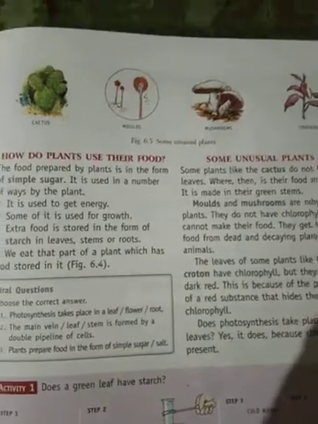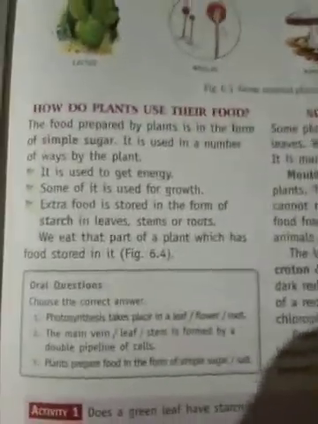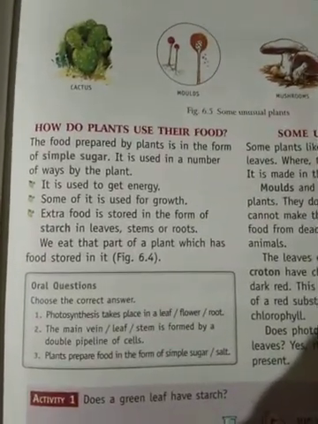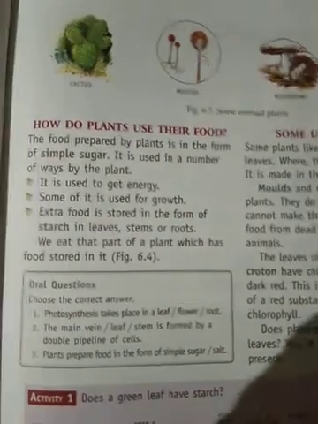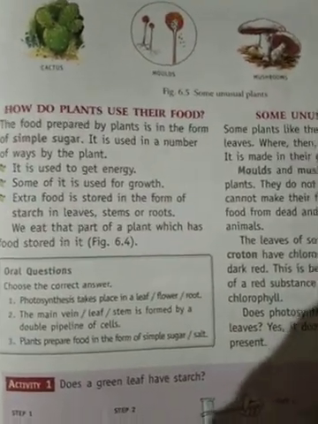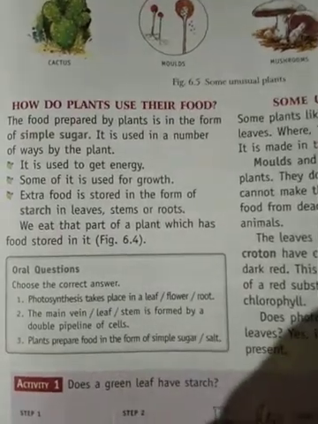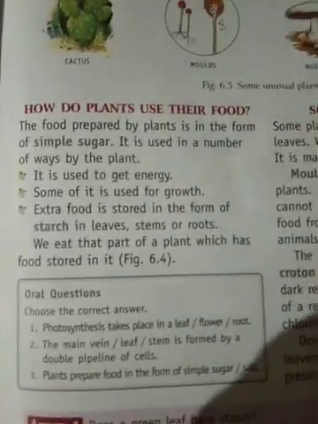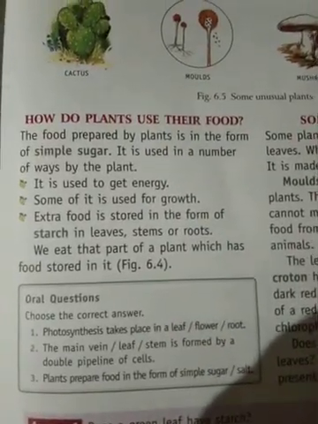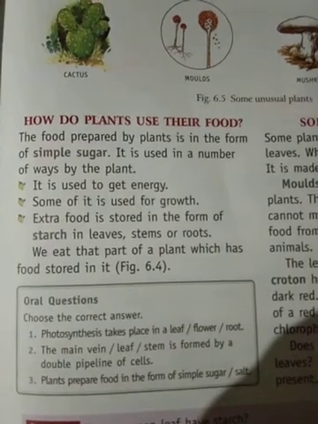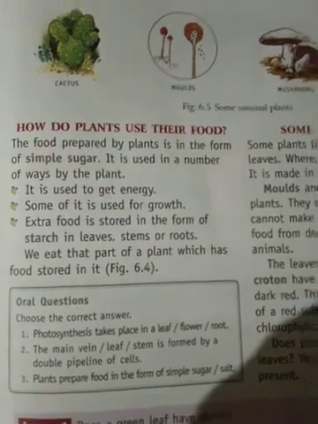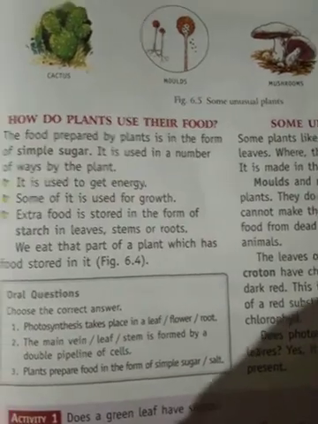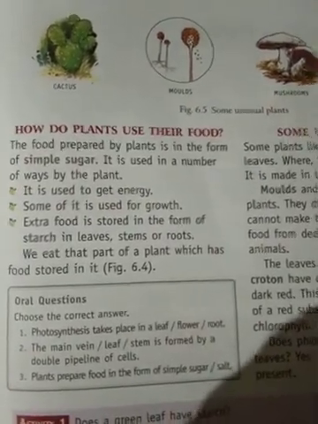Now come to this point. How do plants use their food? One of the most important questions. How do plants use their food, and why does a plant actually need food? I have already discussed this point a few minutes earlier, but now I am going to describe it again.